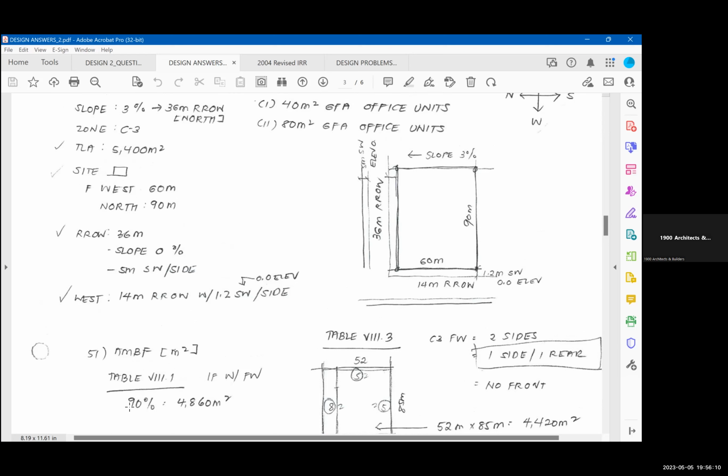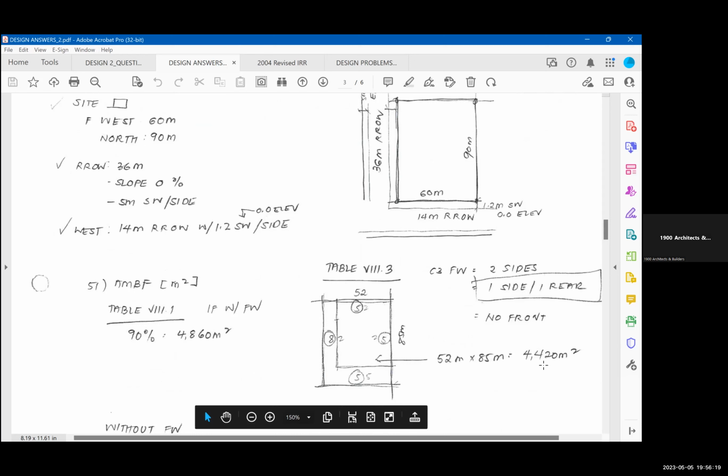So, pinultiply ko na 90%, 4,860 square meters yung lumabas. Pero pag ginawa ko yung may setback, ang lalabas 4,420. Ano kaya ang best? Ano yung tamang?